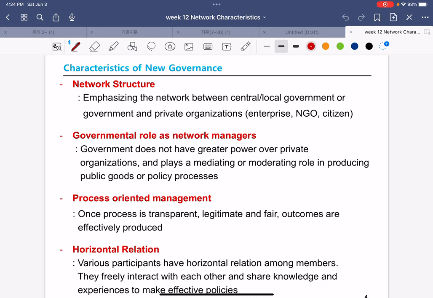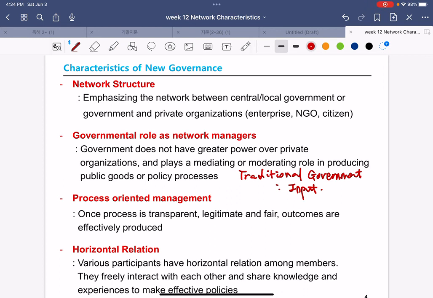Also, in the new governance, the process is emphasized, right? Okay, think about in the traditional government, what is emphasized? Maybe input. Traditional government, input.